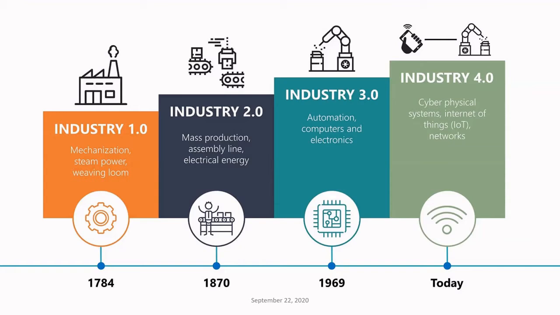Electrical energy was introduced, DC energy, which changed into AC energy as the leader. When you come into Industry 3.0, you see more automation, computerization being used, more low and high power electronics being used. And then we move into Industry 4.0.